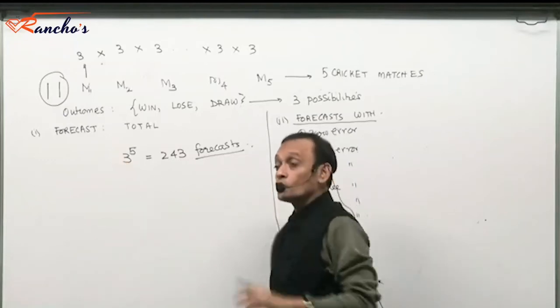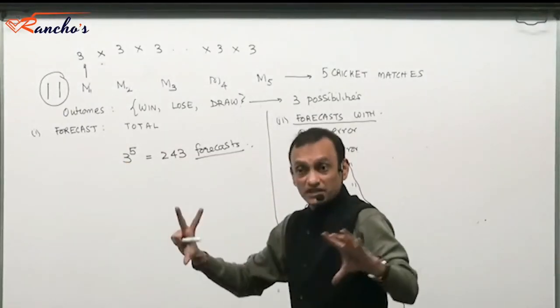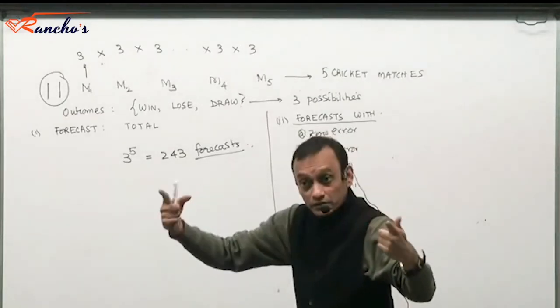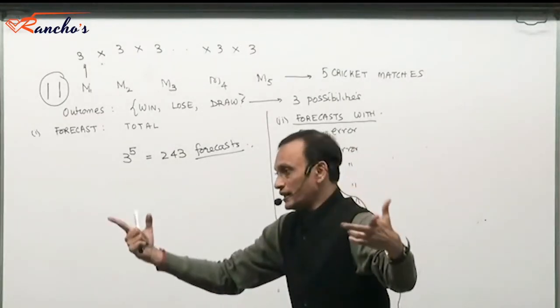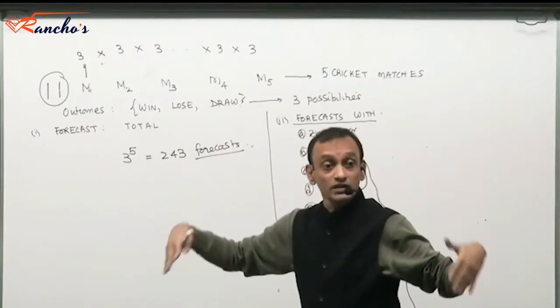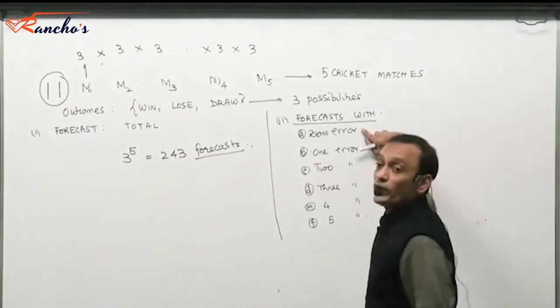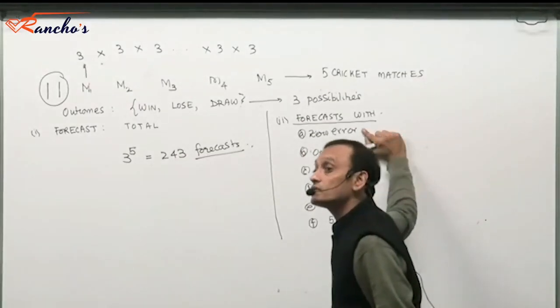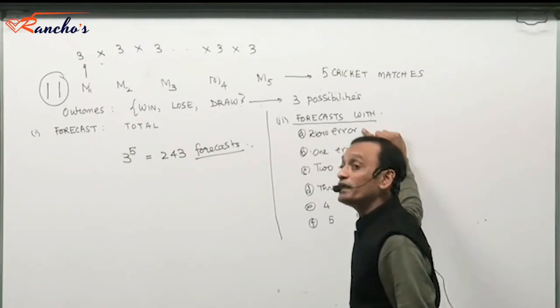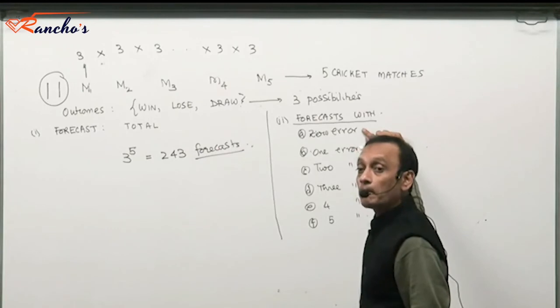So a forecast made for all the 5 matches put together could contain no error, 1 error, 2 errors, 3 errors, 4 errors, or all 5 errors. All possible. Now, a forecast made with 0 errors: in how many ways could it be made?